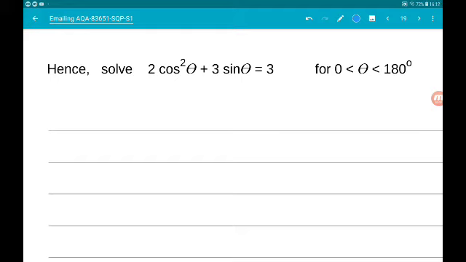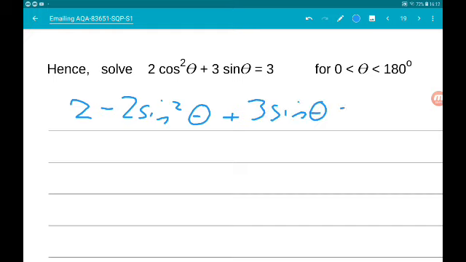So, we get 2 minus 2 sine squared theta plus 3 sine theta is equal to 3.